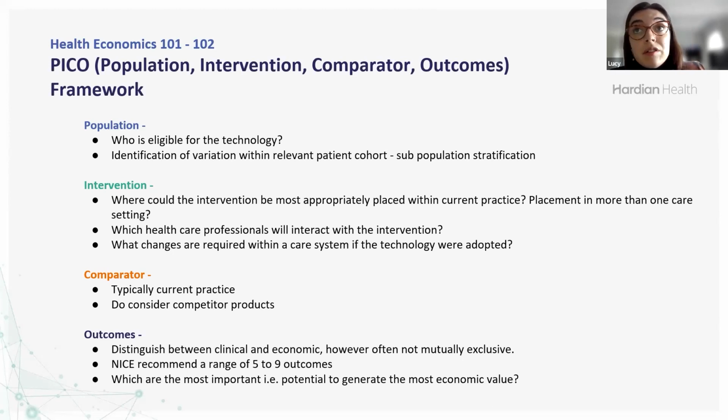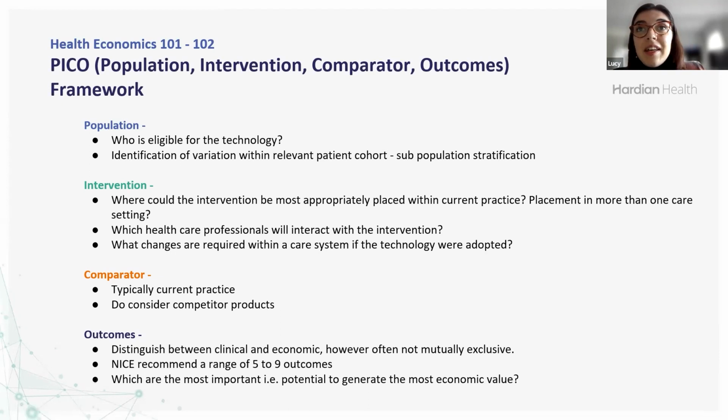And for most of the technologies that we're working with at the minute, we are seeing that they have benefit across multiple care settings. If that is the case, that's obviously fantastic. But with the modeling, we only tend to focus on one care setting at a time, because if we try to include the benefit of a technology in outpatients, inpatients and primary care, for instance, the model can become incredibly complex and confusing.